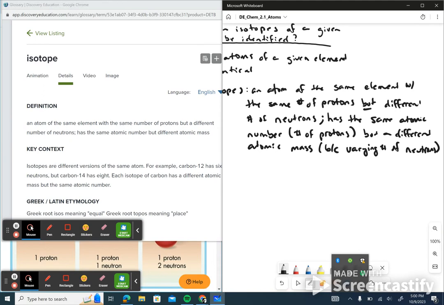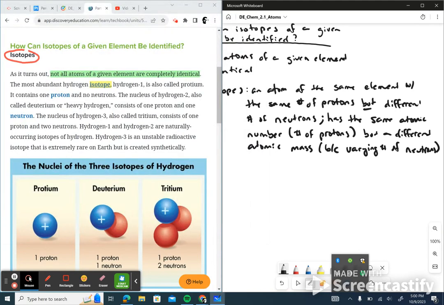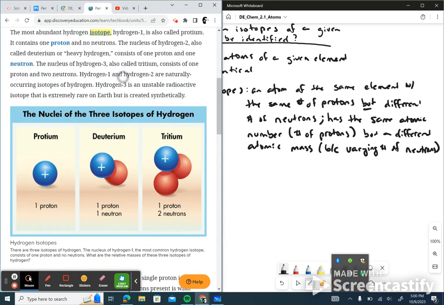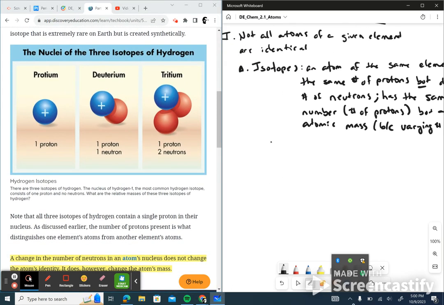All right, so we can go ahead and close this up here. Let's take a look. Here we have hydrogen as an example. We have hydrogen with just one proton. We call this protium.